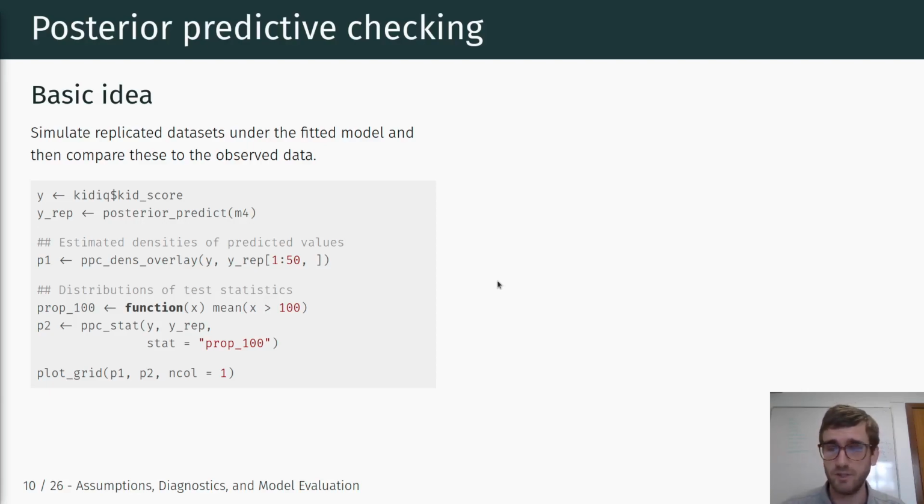Okay, so the way we can do this is we can extract our observed outcome variable, and we'll just save this in a vector y. And in addition, we create an additional, this will actually be an array, y rep, which is now a set of draws, basically posterior predictions.